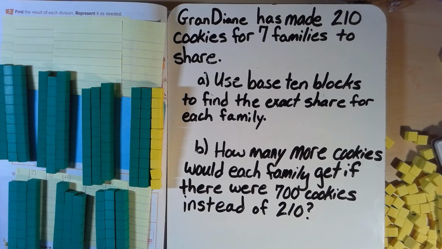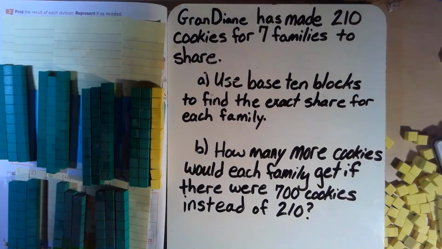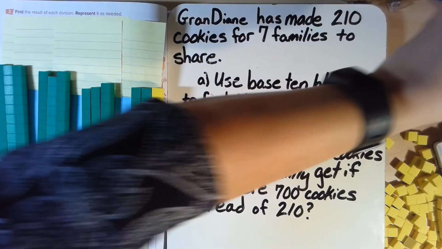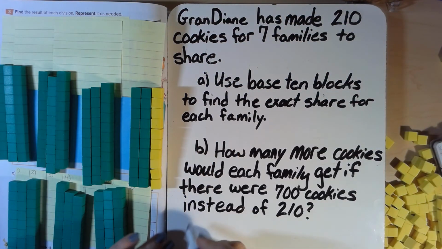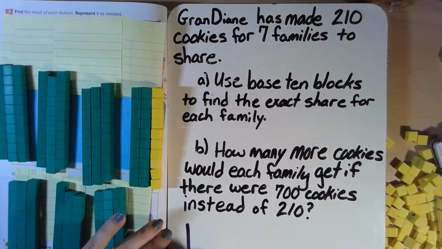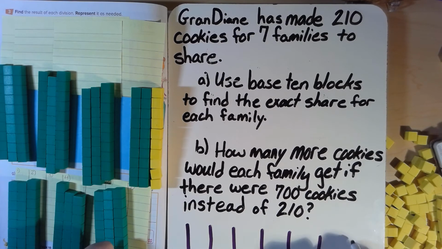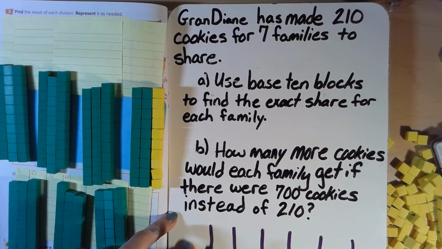I don't have enough base 10 blocks, but we can draw it out for you. Just gonna get my whiteboard marker. Ooh, let's go with purple. So if I had 7 groups, 1, 2, 3, 4, 5, 6, 7. We'll do it like this.